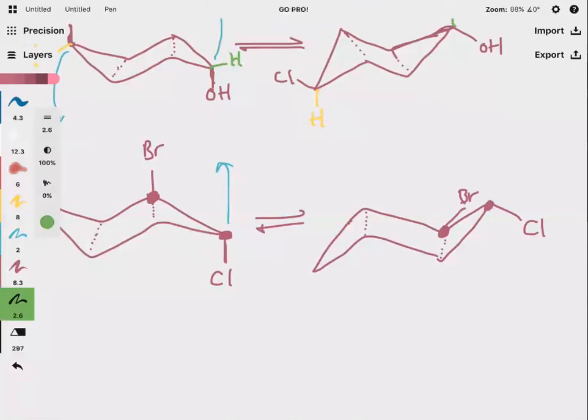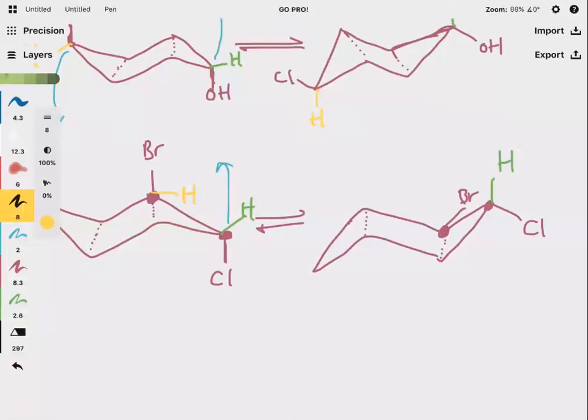Let's draw in the hydrogens so the picture is complete. The hydrogen on this carbon right here was like that, and the hydrogen on the bromine carbon was like that. The green hydrogen was pointing up before the ring flip, so it's going to remain up after the ring flip, so it's going to be over there.